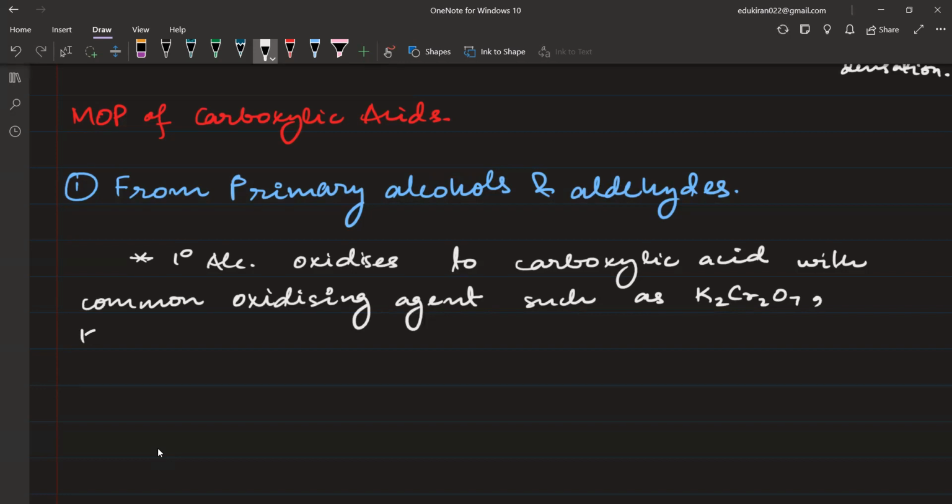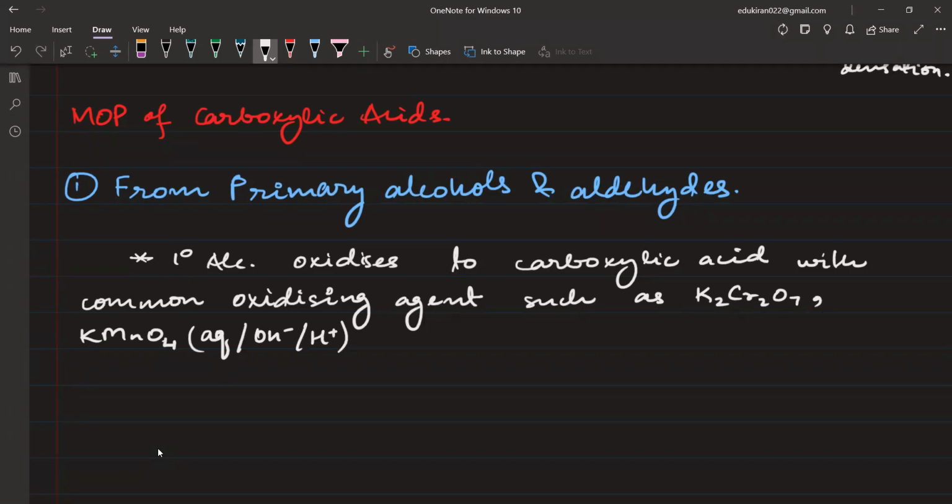What else? KMnO4. Okay. Now KMnO4 you can use in neutral, acidic, or alkaline, any medium. If you have written only KMnO4, it will be used in aqueous or alkaline or acidic.